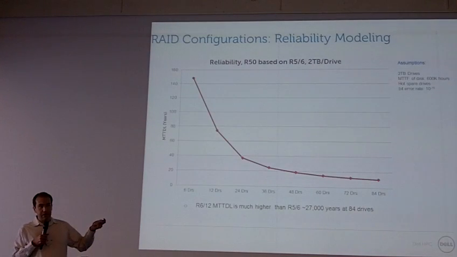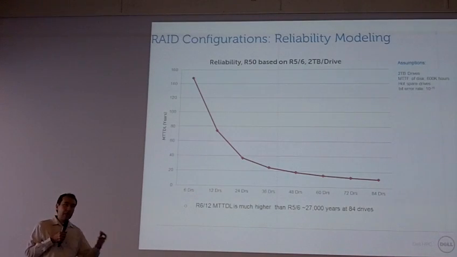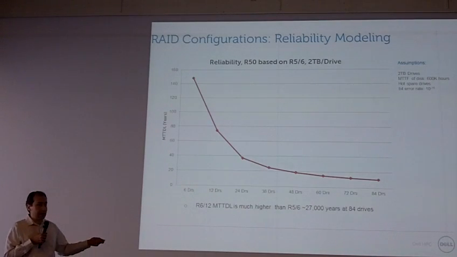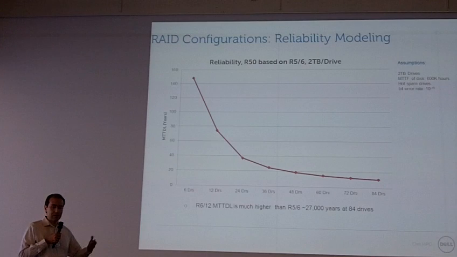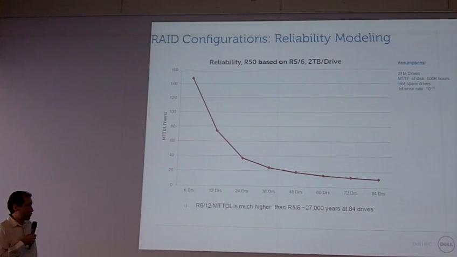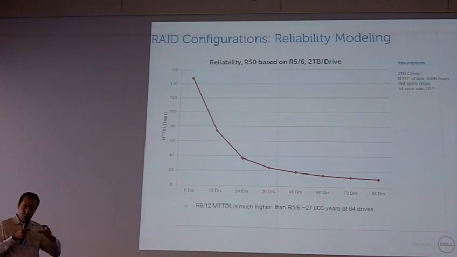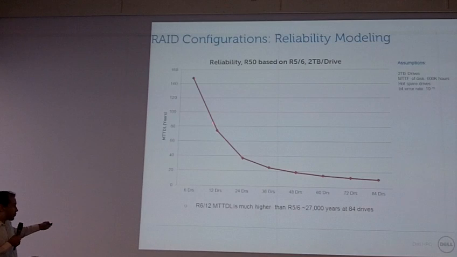And we looked at reliability. We did an analysis based on 2 terabyte hard drives, 10 to the minus 15 bit error rate. We took the hard drive MTBF and basically halved it to account for the fact that these are going to be used a lot, and built a Markov chain model basically to analyze the reliability of RAID 5 with increasing number of drives.